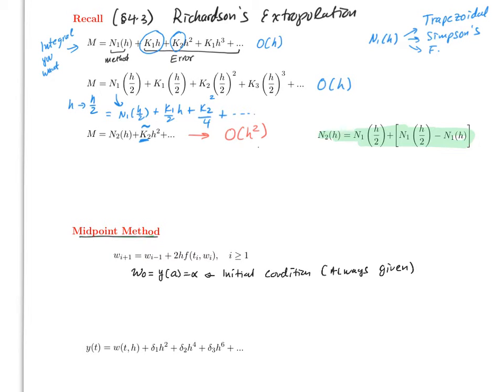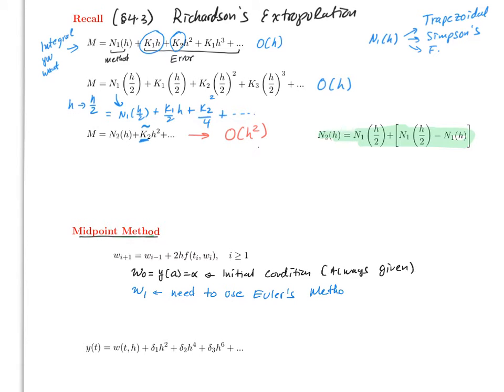However, you're also going to need w1, which is not given, but you have solved these methods before, so you can use Euler's method. You can use other more complicated ones, but since you only need an approximation, the easiest one to use is Euler's method.